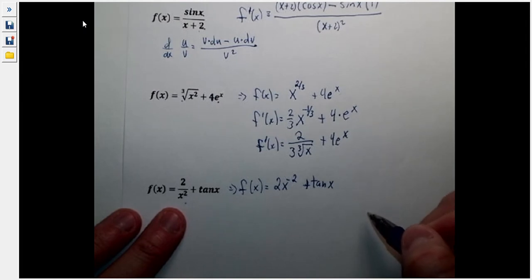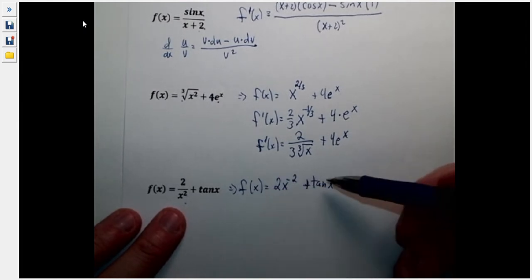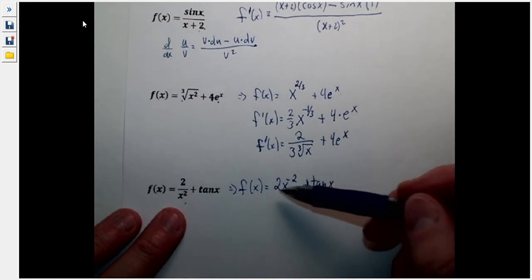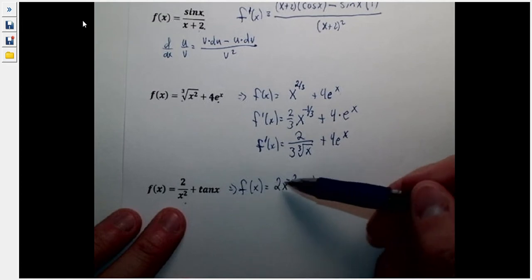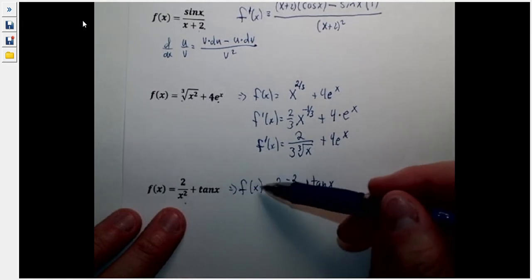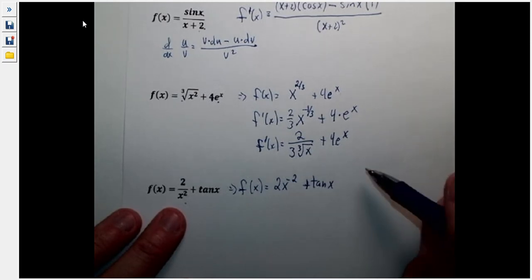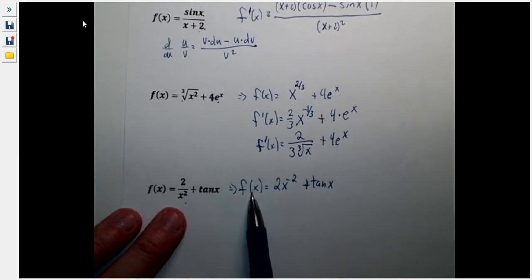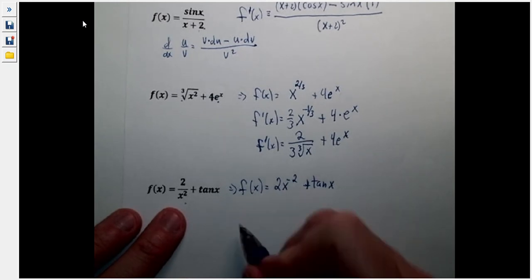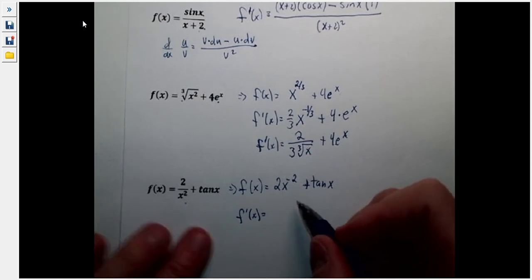Okay? One of the biggest mistakes students make is when they're rewriting, they take the derivative of another part of it. And if you do that and you write f of x equals, that's automatically wrong. Or if I wrote here f prime of x and I'd actually taken the derivative of tangent and wrote it here, that would also automatically be wrong because this is still f of x. Okay, so make sure you're just rewriting and you're doing all your derivatives at the same time.